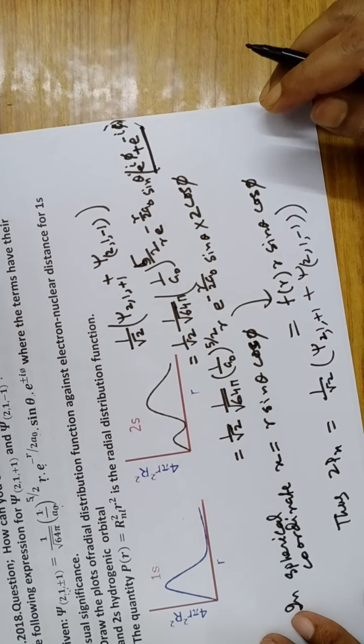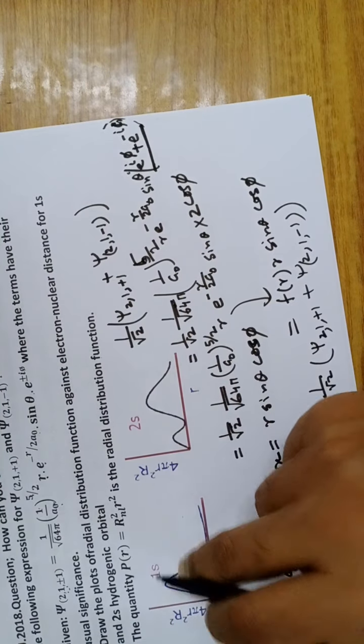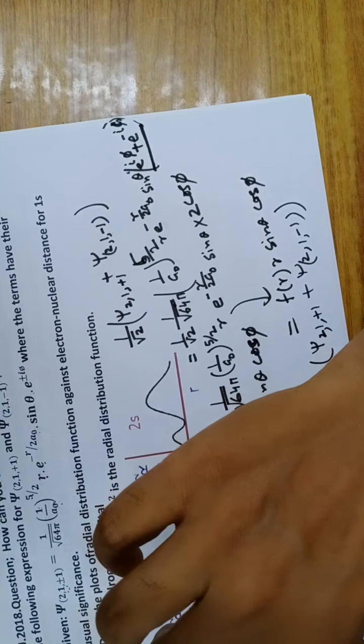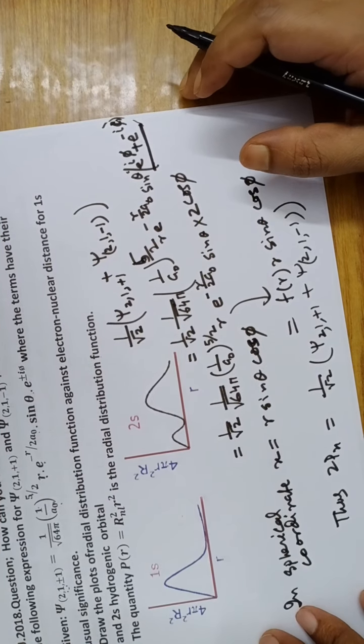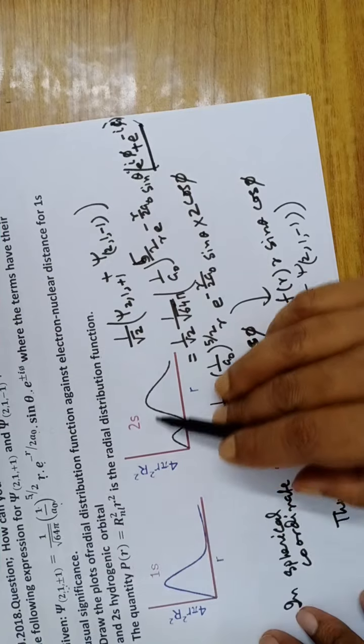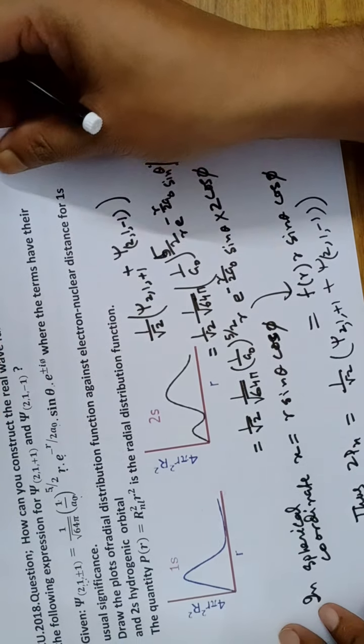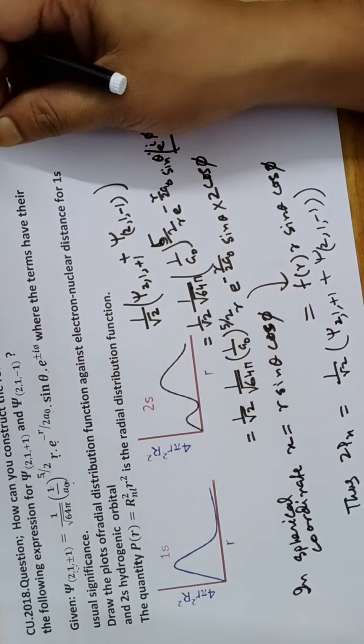Clear? So in this way we can write, and this is the distribution function, this is the distribution function for 2s and this is the distribution function of 1s. You should write only this portion.